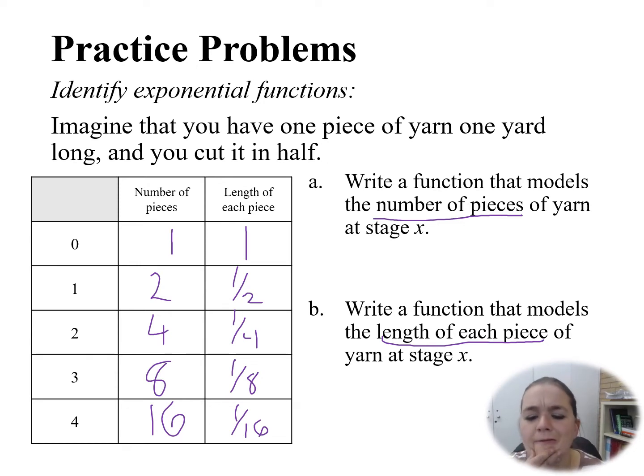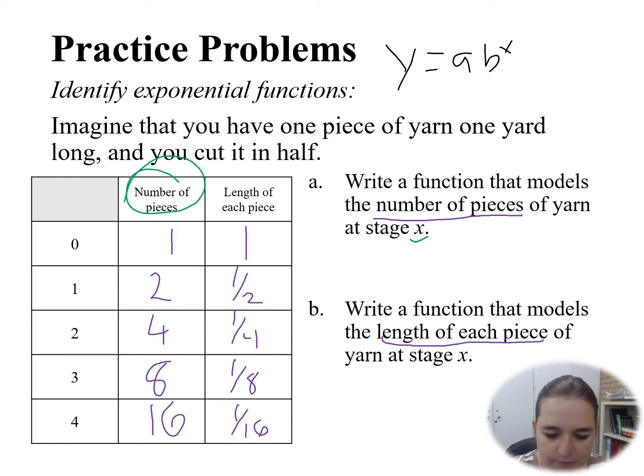So I want to write a function to model the number of pieces of yarn at stage x for some number x. Well, I know that I'm going to be using that format where y equals a b to the power of x. So if I think about it, at stage 0, when x is 0, y is 1 for my number of pieces. We'll do number of pieces in green here.